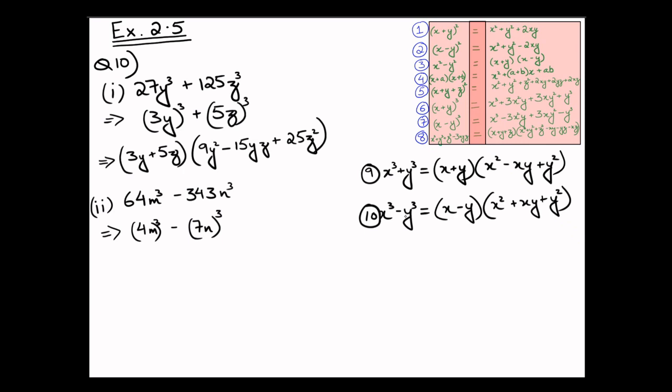Drawing similarities with identity number 10 over here, I'll get x minus y, which is 4m minus 7n, multiplied by x square, which is 16m square, plus x into y, which is 28mn, plus y square, which is 49n square. And that gives me the factorization of the second part.